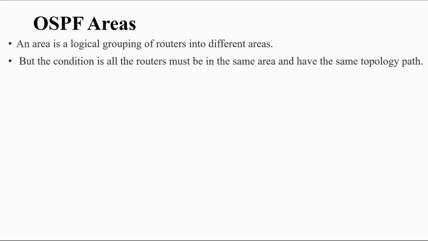When we are using the same areas like IGRP, RIP, and other routing protocols, there are no rules, so we can use them just as they are. But in the case of OSPF, there is a rule, so we have to follow that rule.